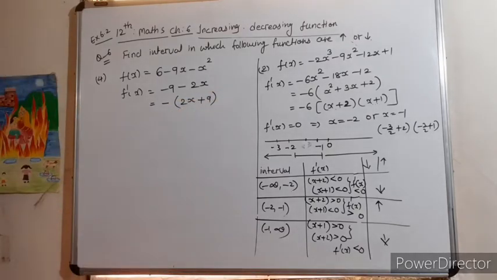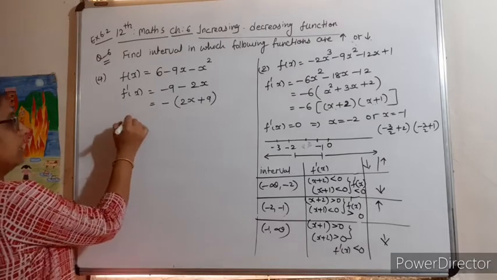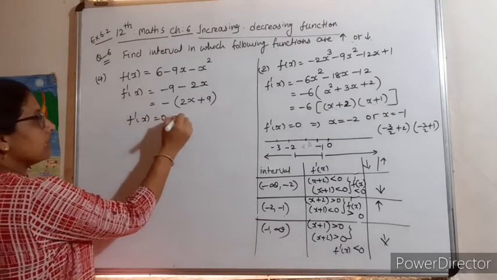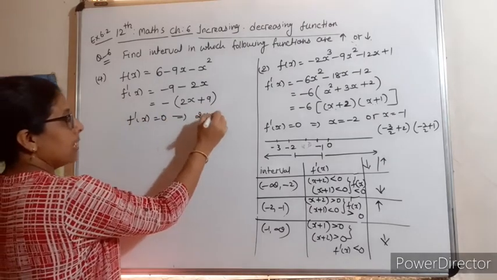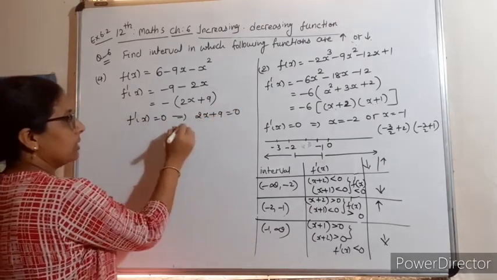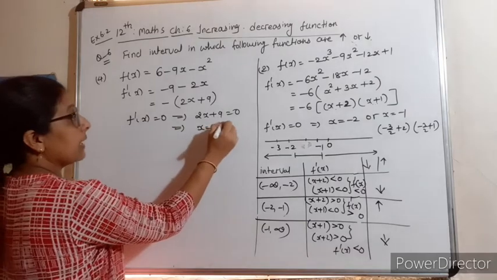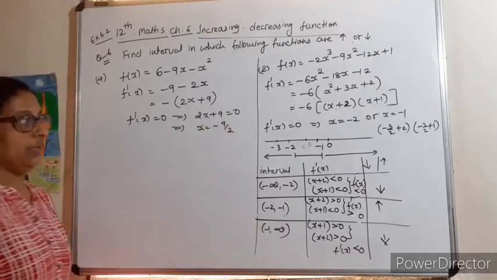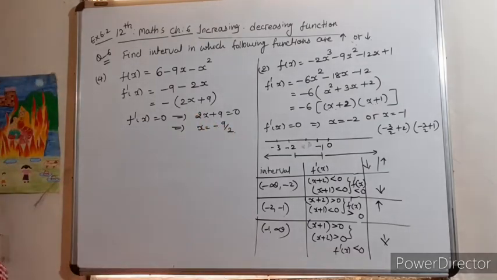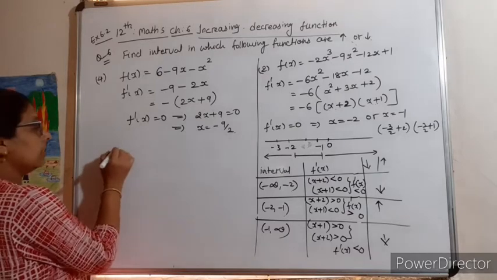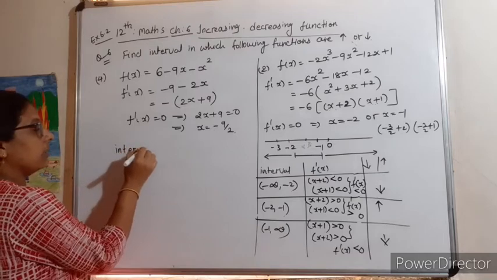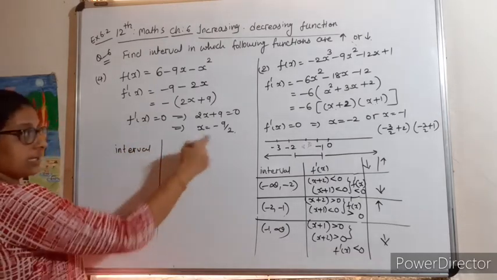If you take f dash x equal to 0, then 2x plus 9 equal to 0 implies x is equal to minus 9 by 2. Yes or no? X is equal to minus 9 by 2.